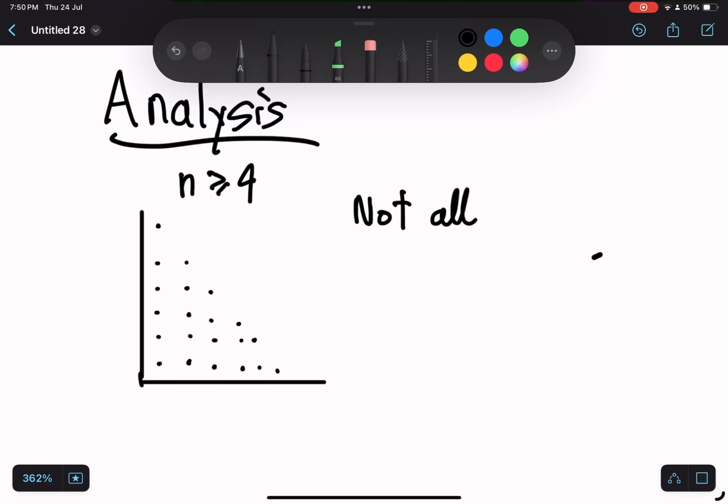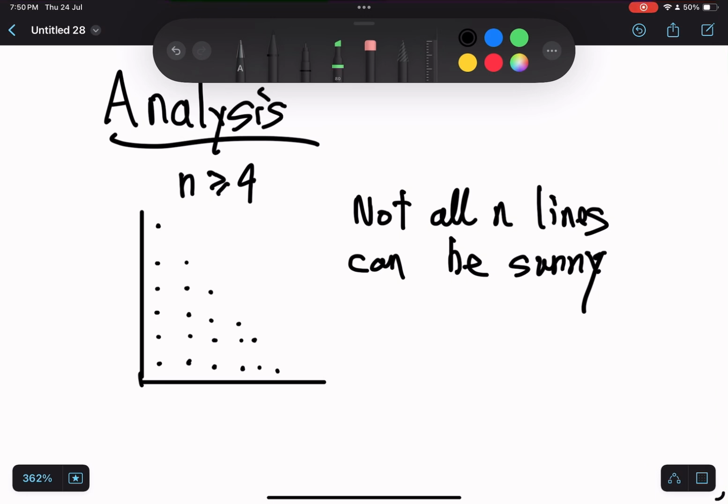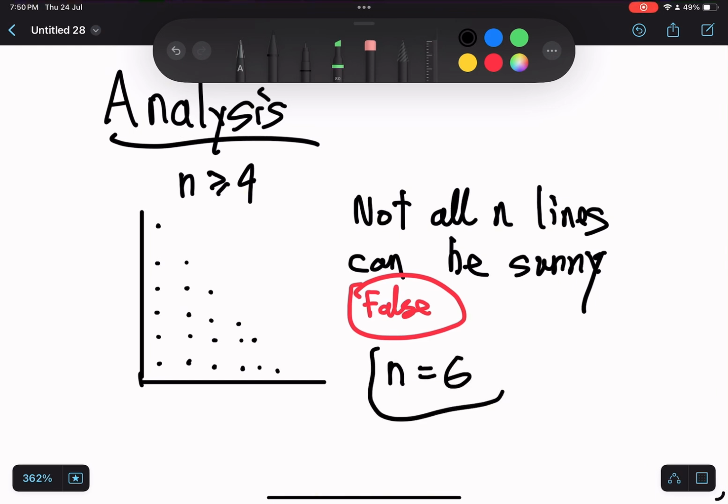Not all n lines can be sunny. So that means there has to be at least one line which isn't sunny, and the maximum amount of sunny lines is n minus 1. Let's try to prove that this is false for the sake of contradiction. Okay, let us first remember our boundary conditions, which are that n has to be equal to 6, so we can't have any more lines or fewer lines.